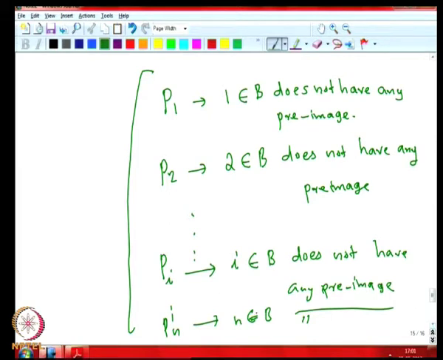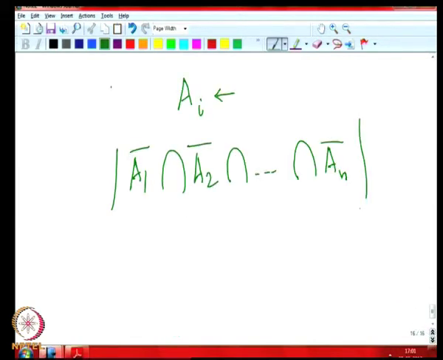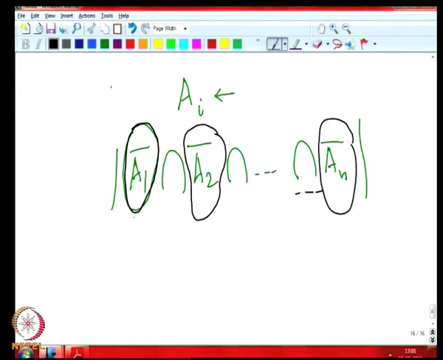This complement means the functions in which 1 has a preimage, the functions in which 2 has a preimage, and the functions in which n has a preimage. So when you take the intersection, the functions in which each of 1, 2, 3 up to n has a preimage, this is what we are interested in.